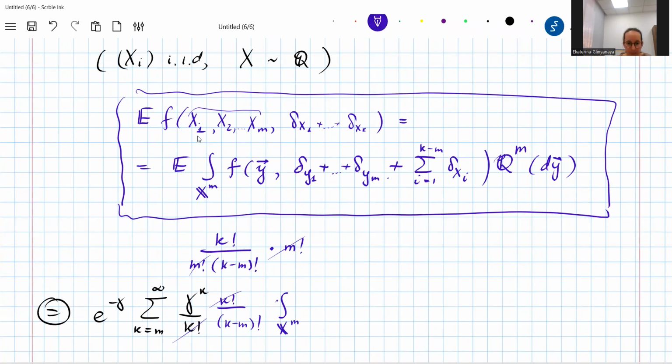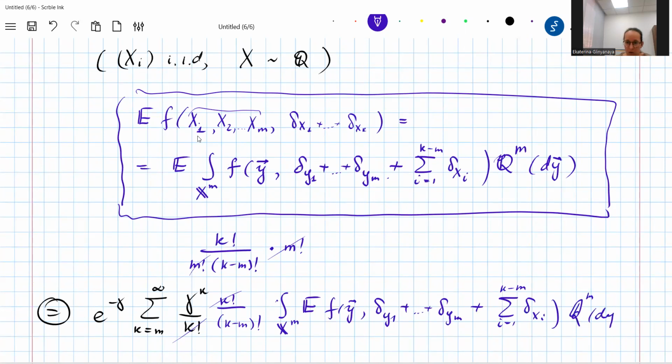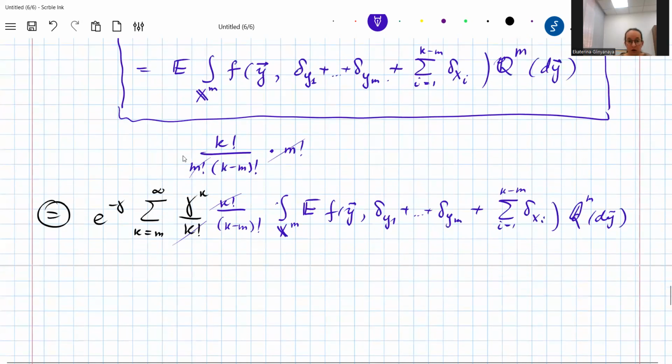So we have here the expectation of f of delta y_1 plus and so on, delta y_m, and here plus the sum from 1 to k minus m of delta x_i, q^m dy. So here, at the last step, you can see the formula which we use when we write down all possible values of the number of summands in a Poisson point process.